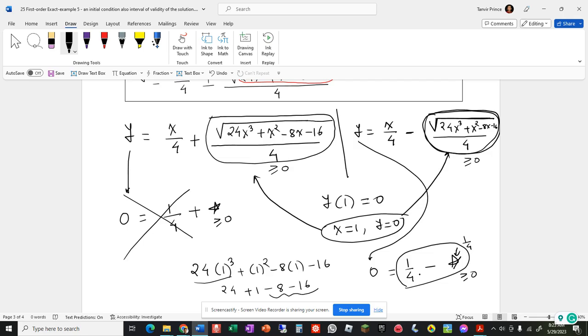So this is negative 24 which will cancel out with the positive 1 and you end up with 1. Look at that. So I end up with 1 over 4, right? So it has to be this one. So without actually any graphing, you can argue that the correct explicit solution will be this one. So this branch we're supposed to take with the negative sign.